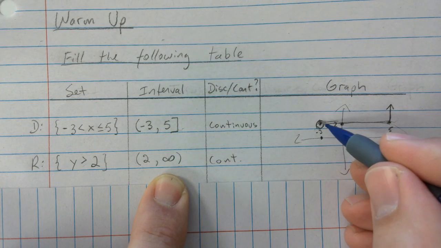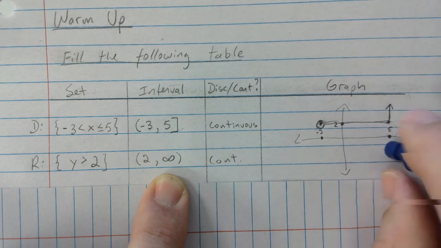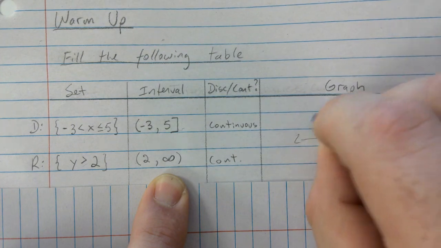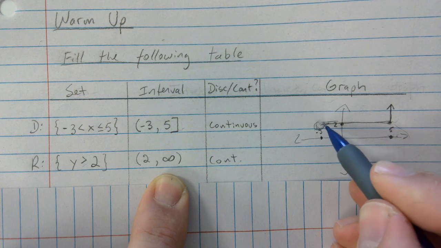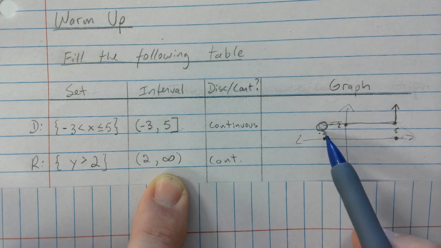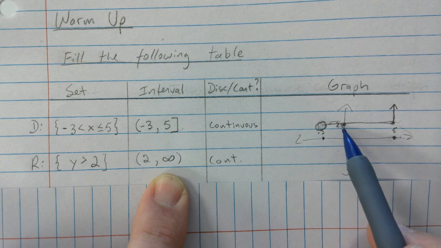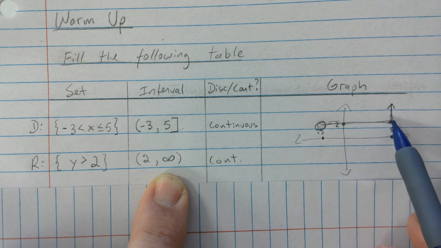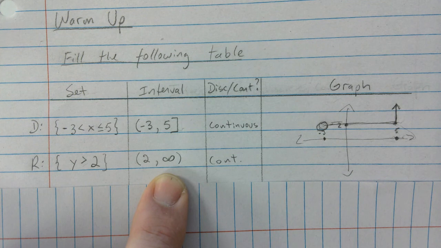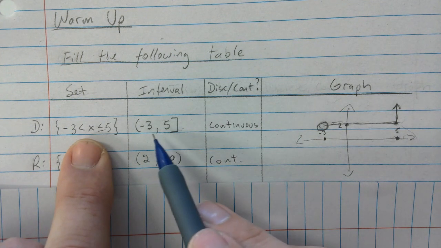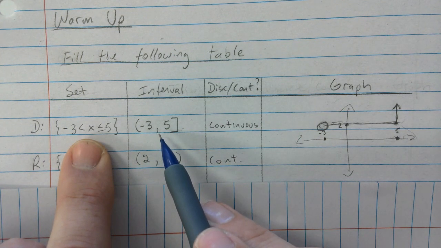Sorry, that's my bad. It should be a hollow point there. So this is -3, and our y value is at 2, and then it goes up from there. So this would be a graph that would satisfy your domain and range.